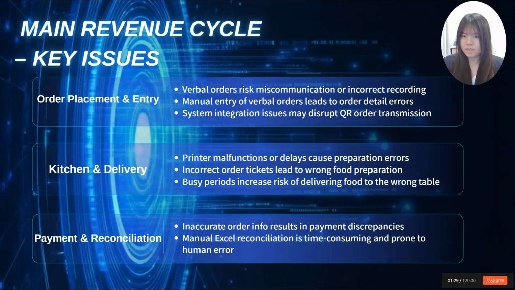Last, for the payment and reconciliation. Inaccurate order details from earlier steps can lead to payment discrepancies later. And right now, we do end-of-shift reconciliation manually in Excel, which is time-consuming and very prone to human error.